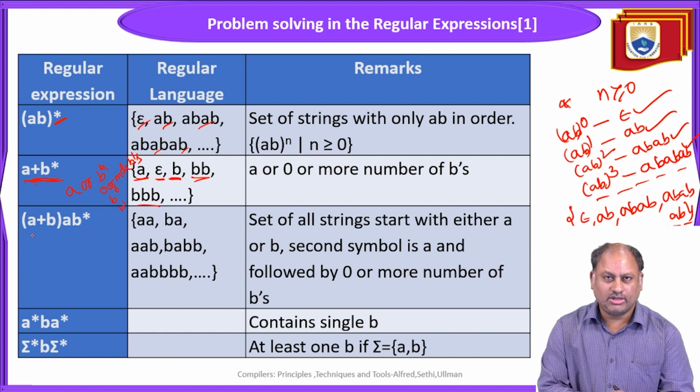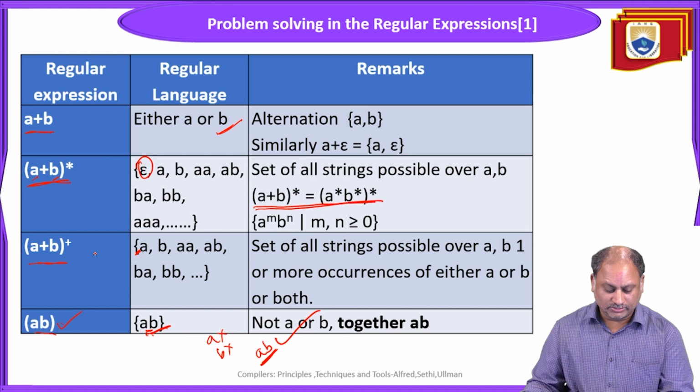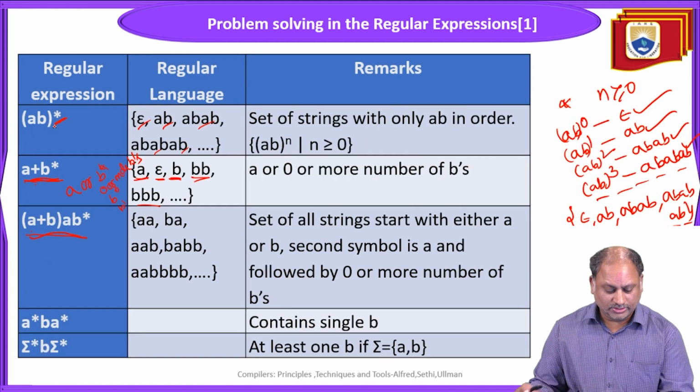Whereas if it comes to the next regular expression, (A plus B) followed by A, B star. Here A plus B is either A or B, which we have also taken previously. So A plus B is either A or B, followed by A, followed by B star.